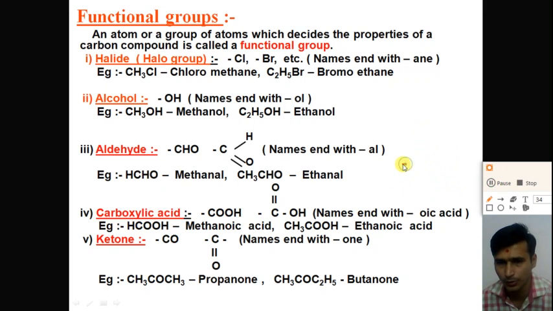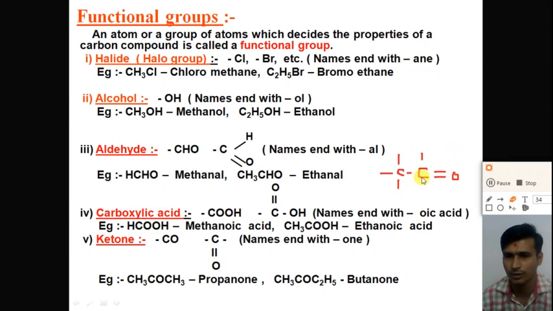Here the two carbon atoms are connected with a single bond, and one of these carbon atoms is connected with the oxygen atom with a double bond, and the other valency of the carbon atom is fulfilled by hydrogen atoms.